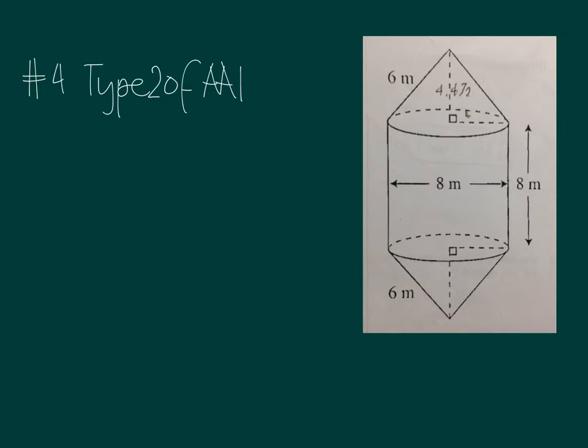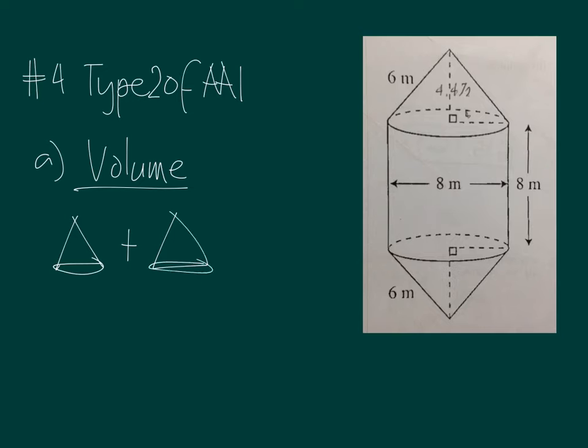The first question given to you was to find the volume. Relatively, this should be easy because the volume of this figure is simply the volume of the top cone plus the volume of the lower cone plus the volume of the cylinder. So if you know how to find the volume of each figure, then you can find the total volume of the solid.